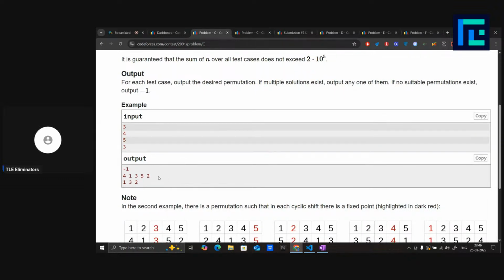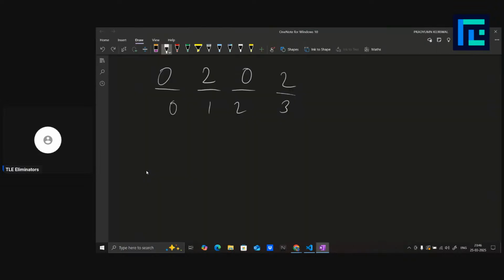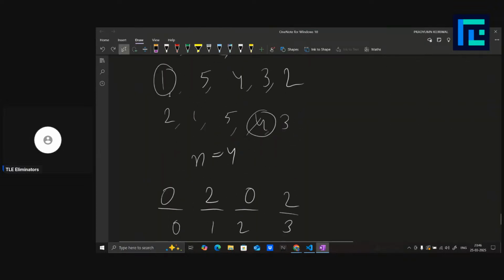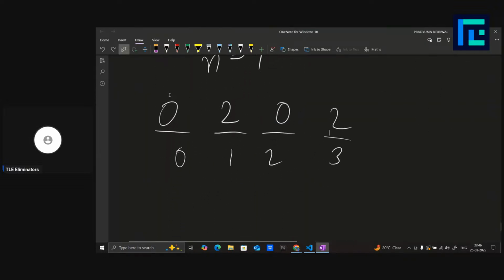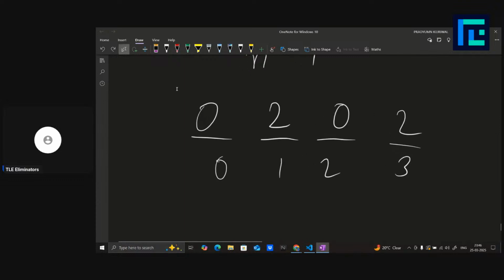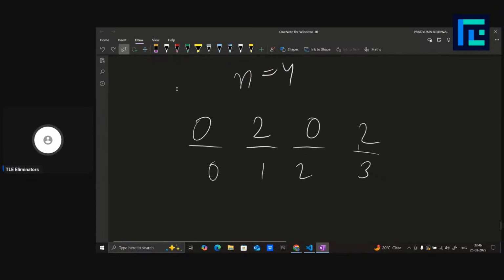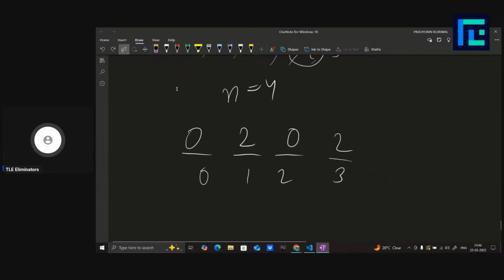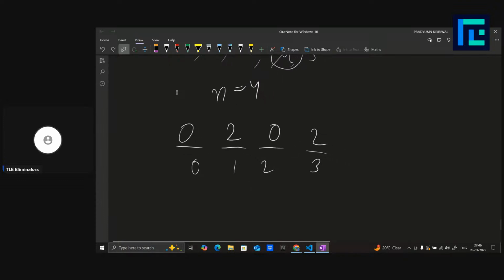I have this intuition that this construction doesn't work for even numbers, so it is not possible for even. Basically I just guessed. I don't currently have the proof for why it does not work for even numbers. Okay.